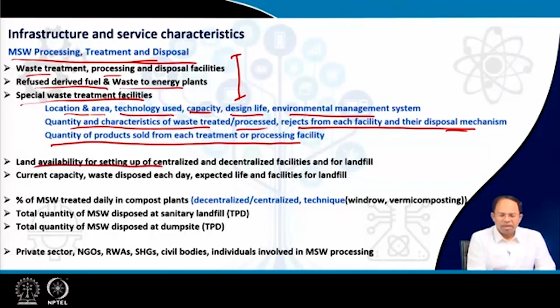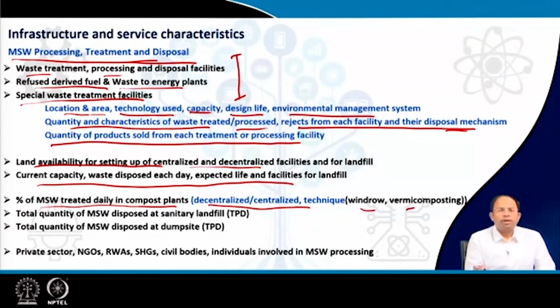Future land availability for setting up centralized and decentralized facilities. Current capacity, waste disposal, expected life and facilities for landfill. Percentage of MSW treated daily in compost plants, decentralized and centralized, including which kind of technique, windrow and vermicomposting. So this is for decentralized facilities.